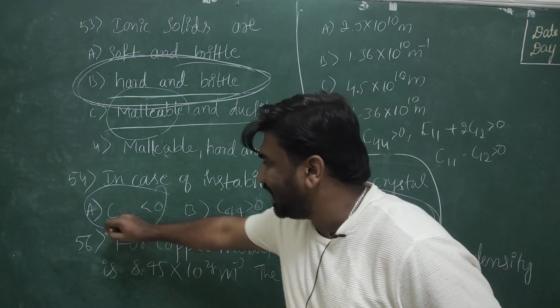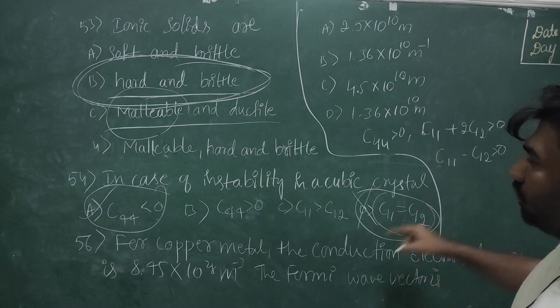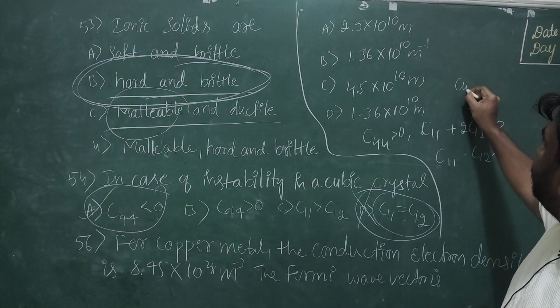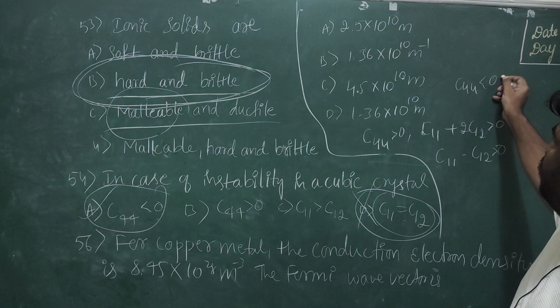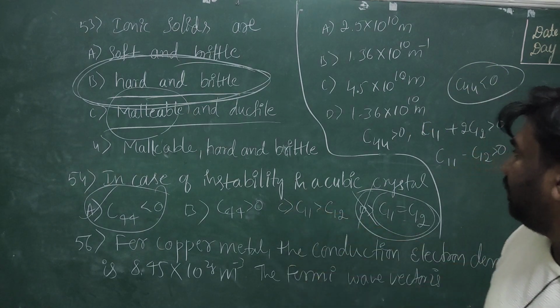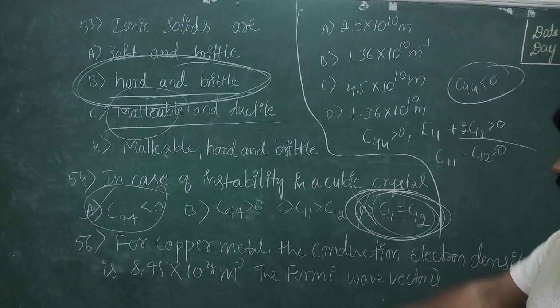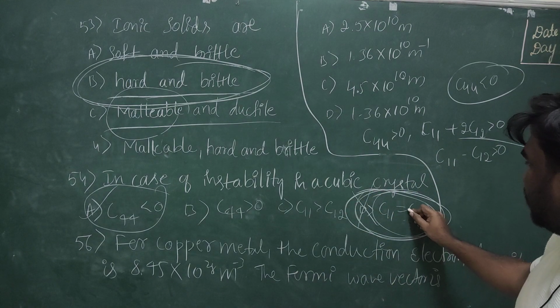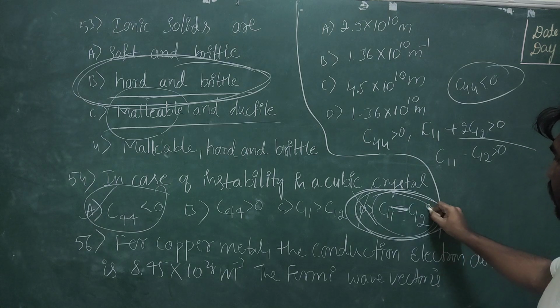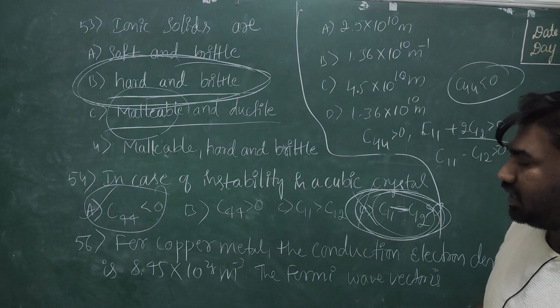In the key answer they have given A, because the condition C44 is less than 0 is not correct for stability, so that's why we are taking instability. Maybe there is some printing mistake here. If it is minus and greater than 0, then this is also a correct option. Okay, the next class we will discuss.